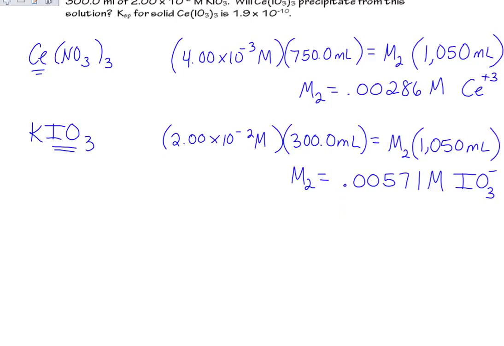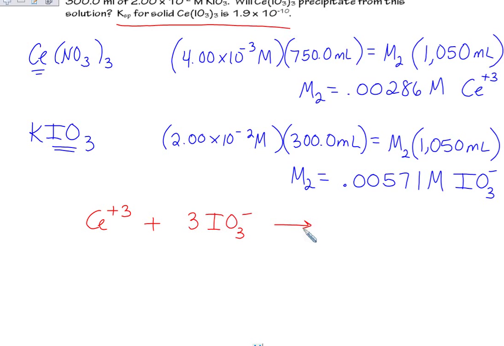Now, you can write these reactions in either direction. Technically, I'm combining the solutions and I want to know if this precipitate forms. So I might kind of write this reaction as the cerium +3 ion. And again, they kind of like tell me the formula. I would need 3 iodate ions.